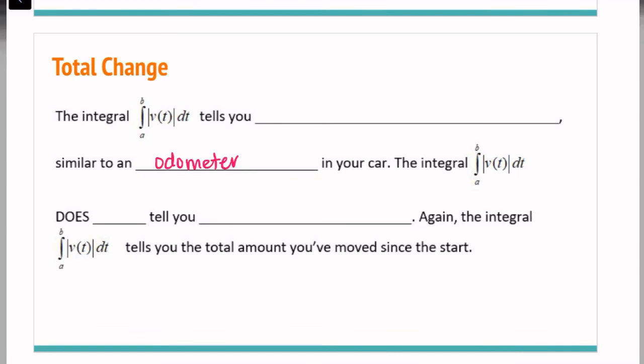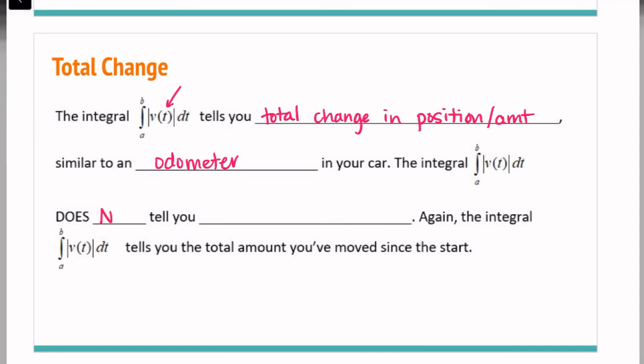So the integral from a to b, we're going to just put in an absolute value sign here because that's going to take all of our negative area and automatically make it positive. So this is going to tell us the total change in position, or in amount, or whatever our original function is.